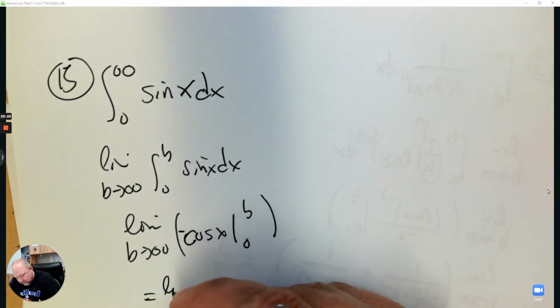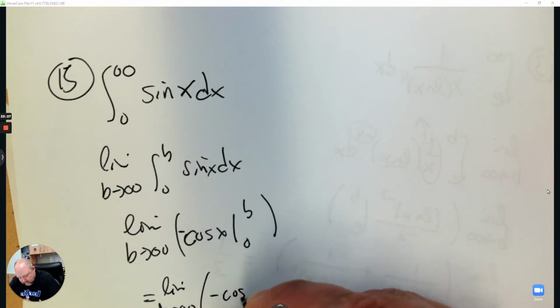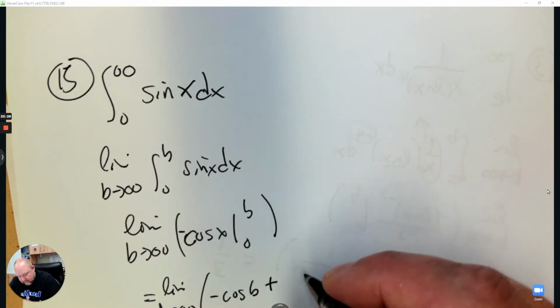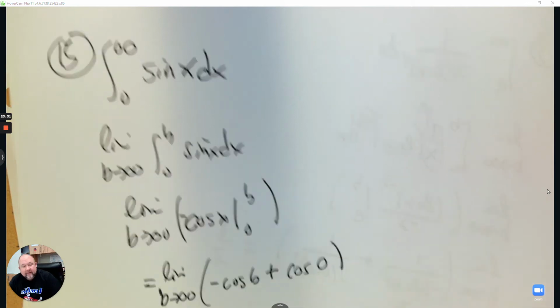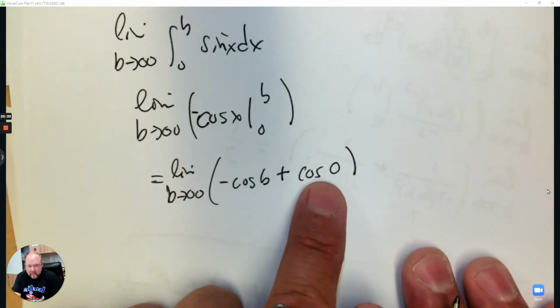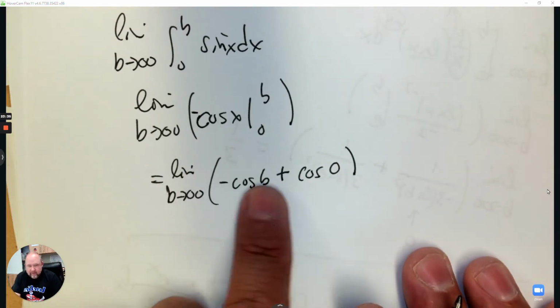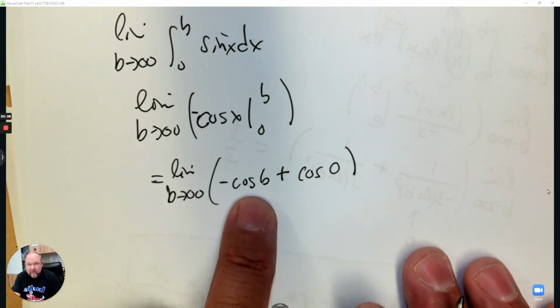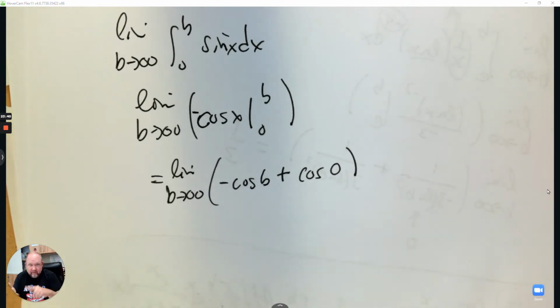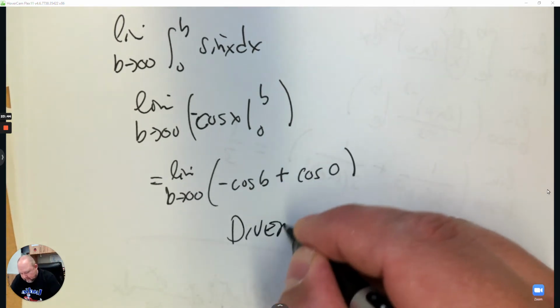Then plug in, so you have the limit as b approaches infinity of negative cosine b, subtract a negative, and it's adding cosine 0. Now the value of cosine 0 is 1, but the right end behavior does not converge to an answer. It just oscillates up and down. It doesn't come together to a number, so this whole thing diverges.